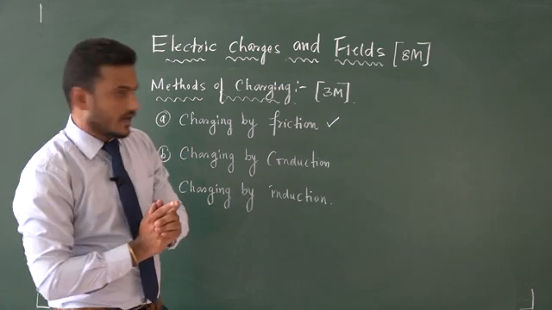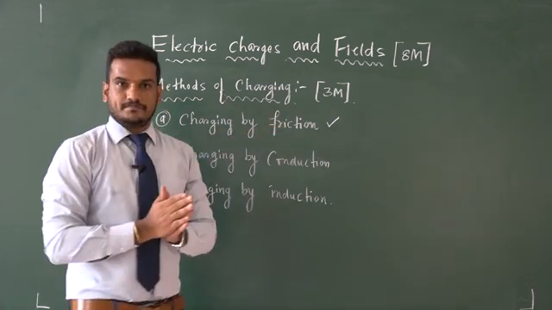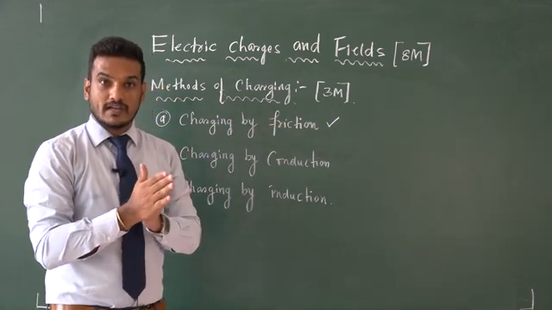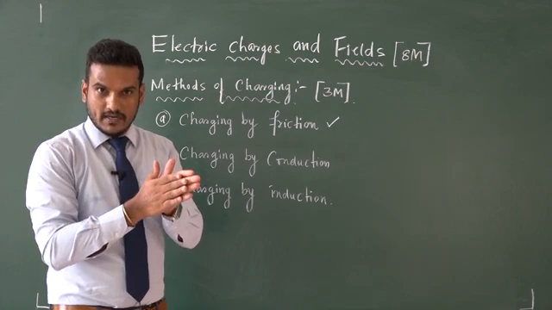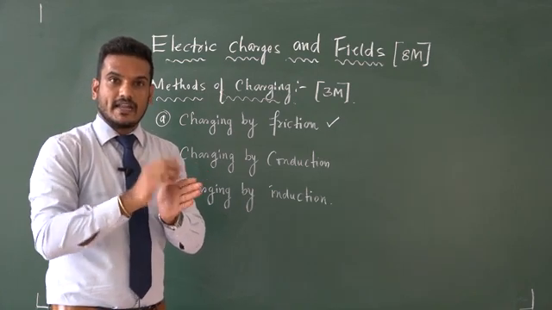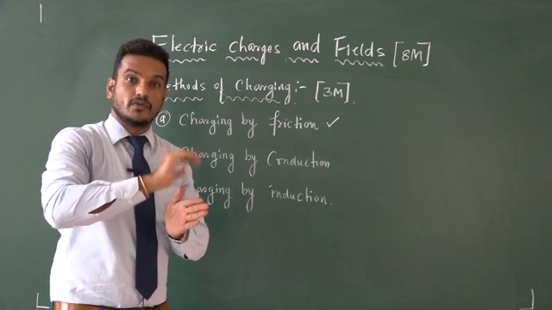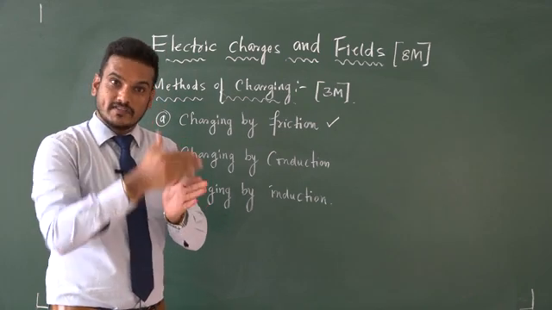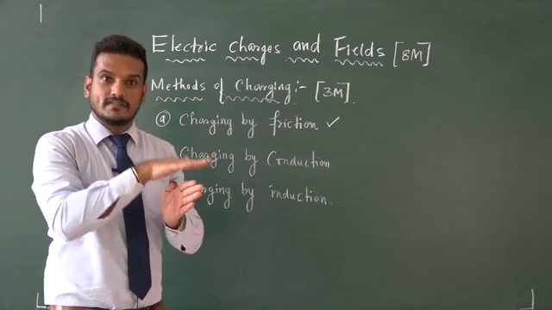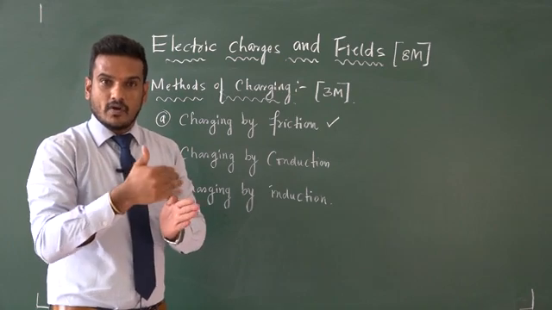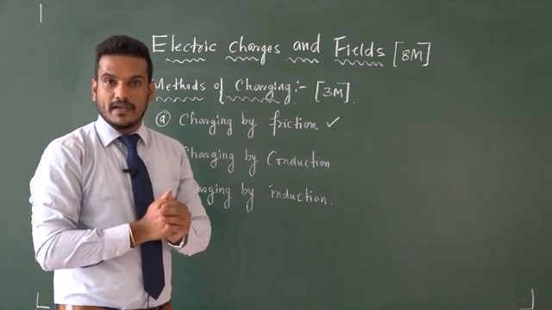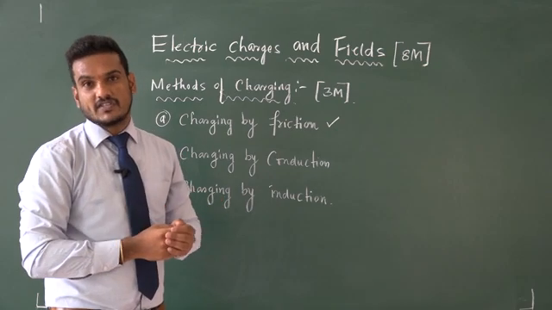I repeat once again, charging by friction: the body which loses the electron becomes positively charged, and the body which gains the electron becomes negatively charged.